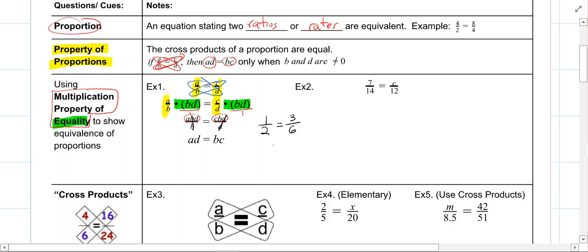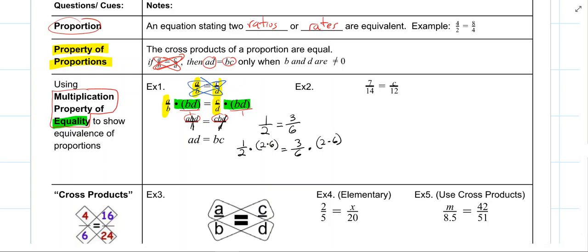So what we're going to do is write 1/2 times 2 times 6 is equal to 3/6 times 2 times 6. Now, you see how I did that? Up here, I multiplied both by the two denominators, and I have my two denominators here, so I'm doing the same thing. I make these into fractions.